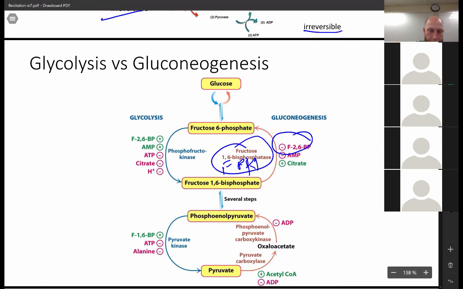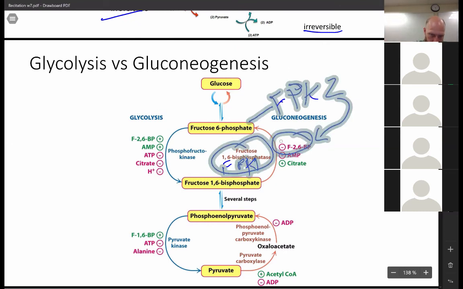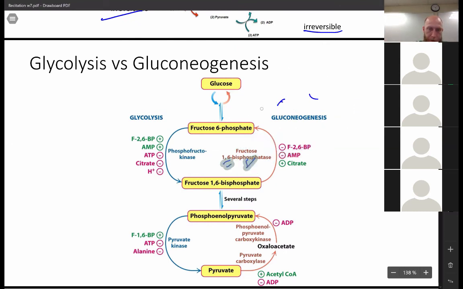But you can also take this fructose 6-phosphate and shuttle it through to the enzyme PFK2, and that'll make the fructose 2,6-bisphosphate. And so in this case, to go over this example, you would presumably be in a state where you have glucose and you need energy, and so you're using glycolysis to produce that energy.